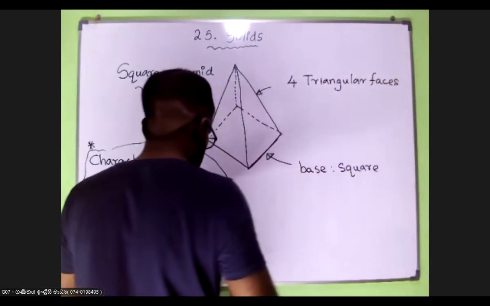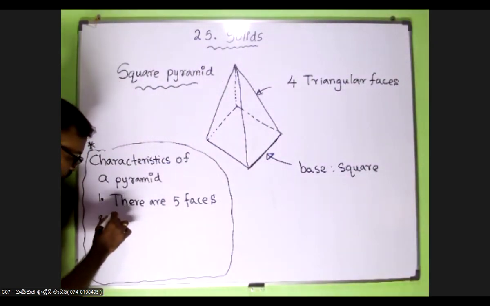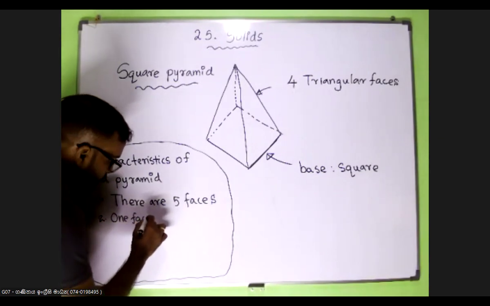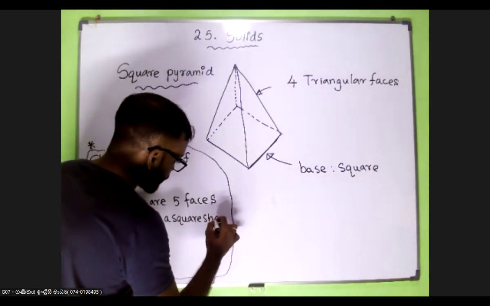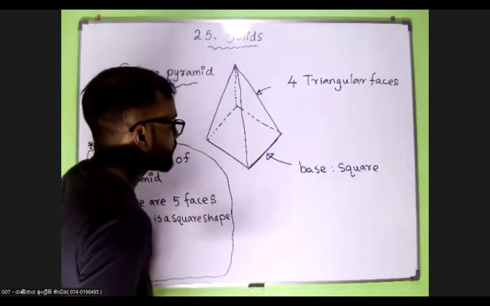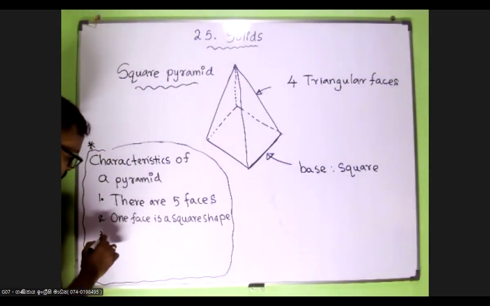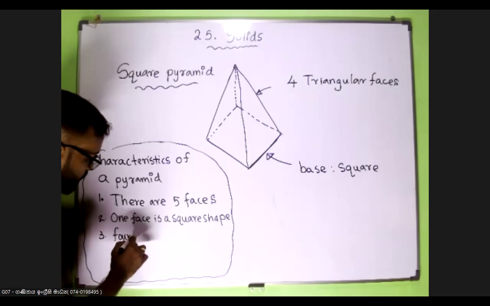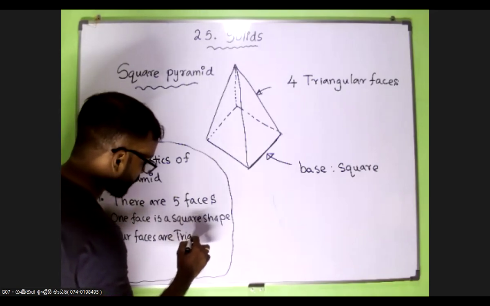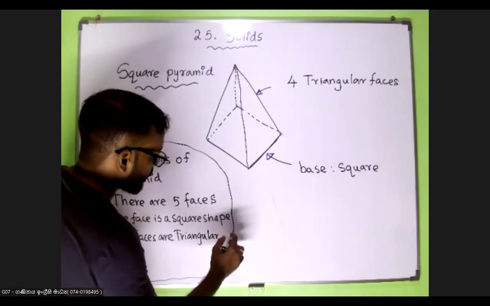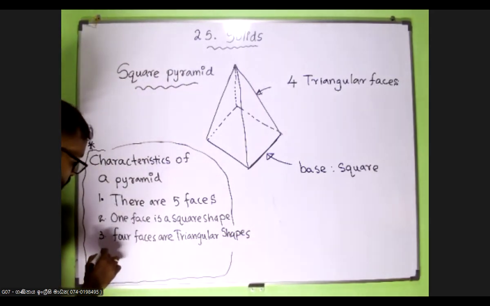So you have to write there are 5 faces, and the second one, one face is a square shape, and four faces are triangular shapes.